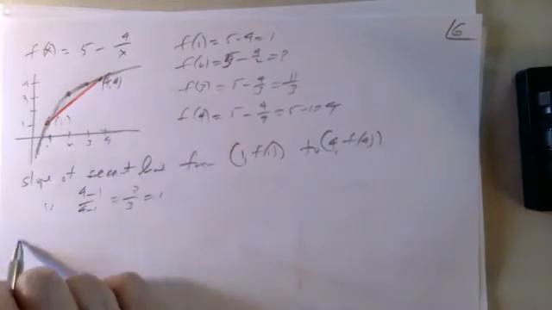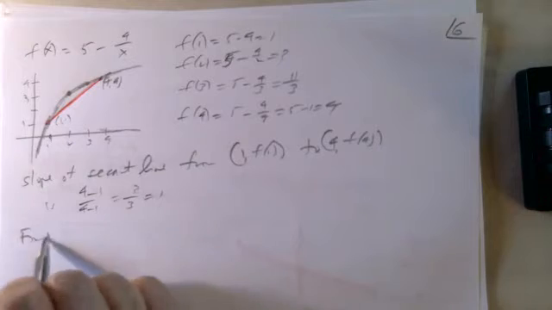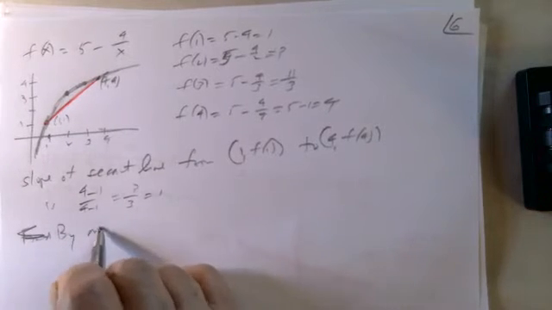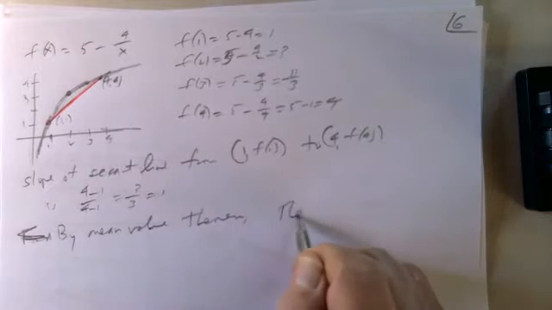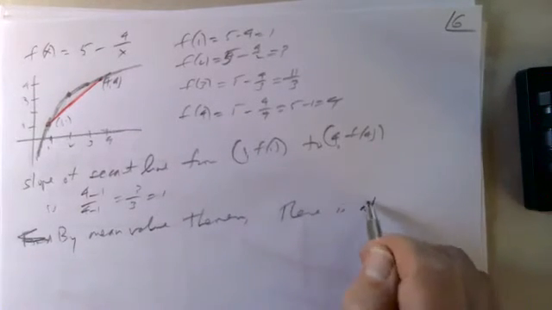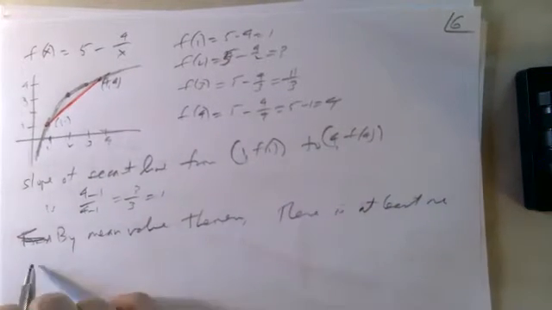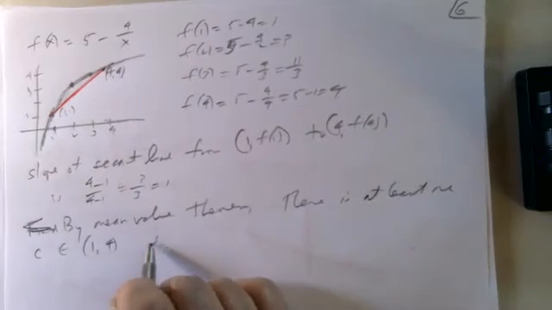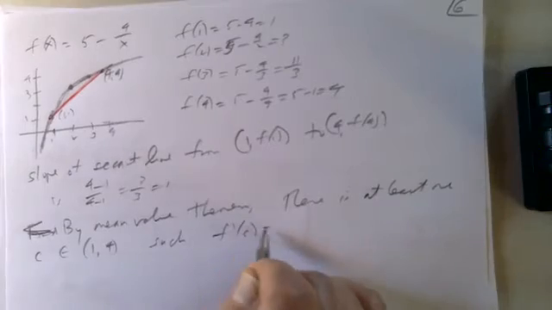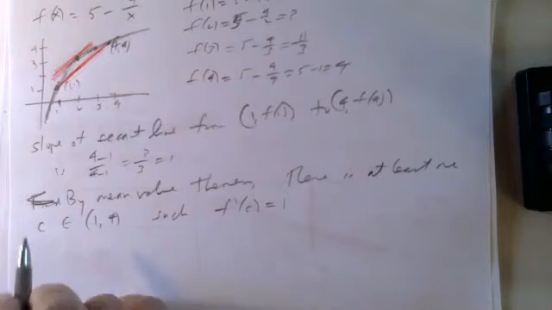This line has slope 1. So we know by the mean value theorem there is at least one, maybe more, number c in the open interval between 1 and 4, such that f prime of c is equal to 1. There's going to be some point where the tangent line to the curve is parallel to the secant line. And we want to find c.